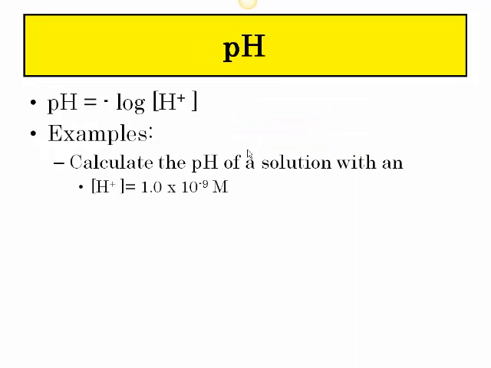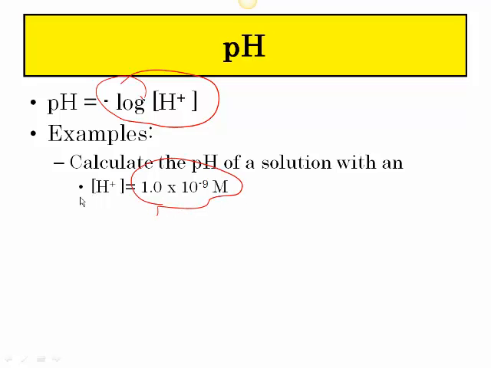Alright, so first of all, pH. pH is the hydrogen ion concentration, and so notice the equation. pH is equal to the, notice here's our first negative log of the hydrogen ion concentration. I'm giving you an example down here where the H plus concentration is 1 times 10 to the negative 9th.